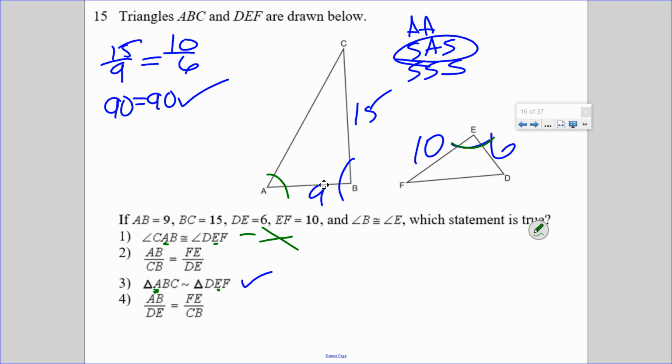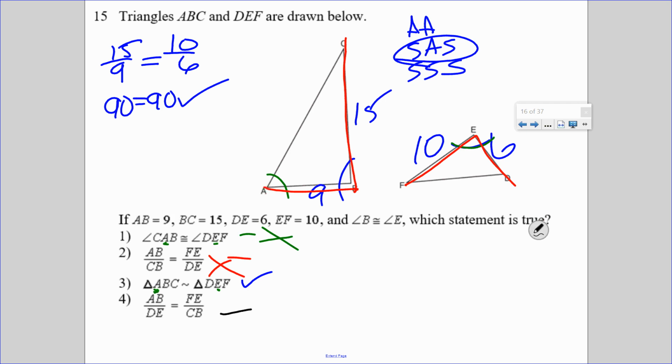That's not true. AB over CB, so let's do that in red. AB over CB, that's little over big, equals FE over DE. That's big over little. No, that's not consistent. That's not true. Choice 4, let's go black on that one.